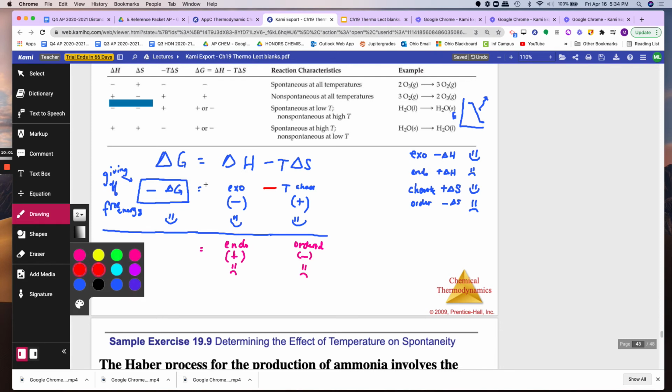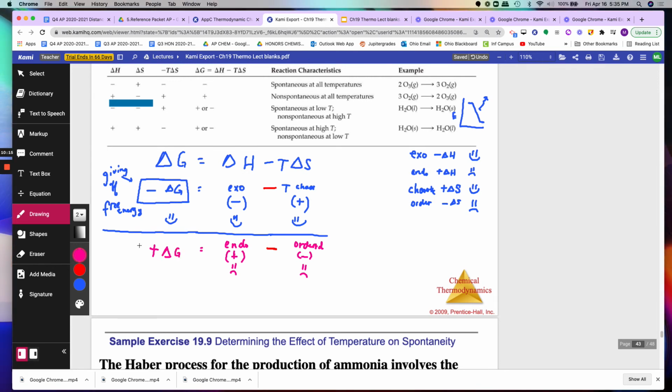Okay, the negative sign here from the formula: positive and negative makes positive. Your delta G is always going to be positive. So a positive delta G is very, very bad. That means there is no free energy.